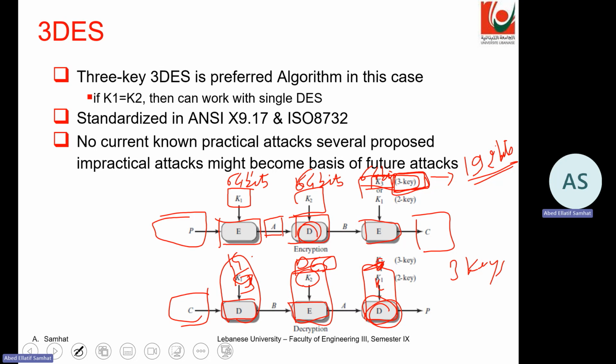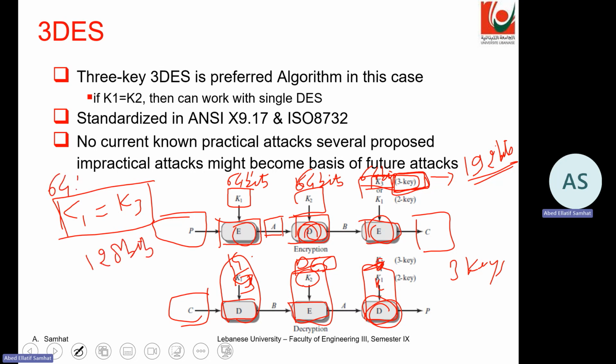If we want to use K1 equal to K3, it's possible in this case. So we encrypt with K1, we decrypt with K2, and after that we encrypt with K1. It's like we are using the DES algorithm with only 128 bits because each key is 64 bits.